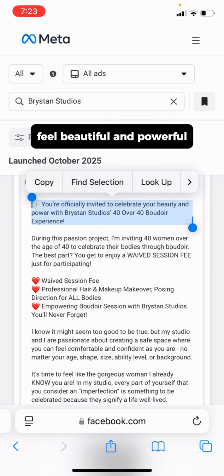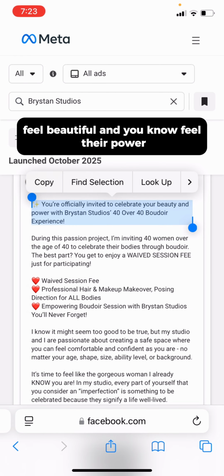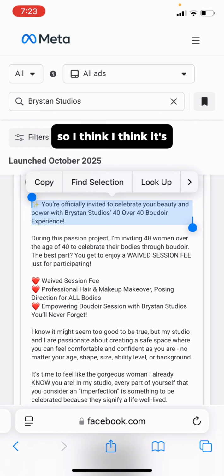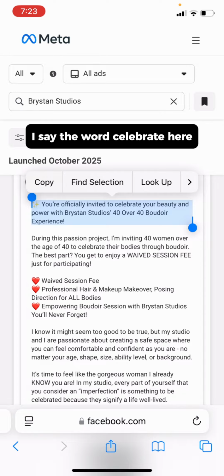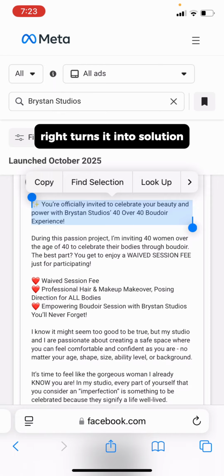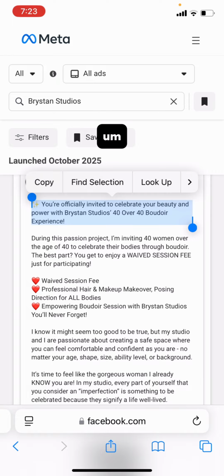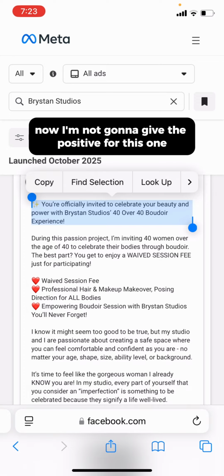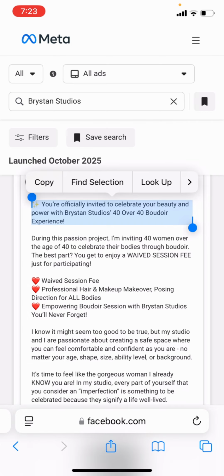They feel beautiful and feel their power. So I say the word celebrate here, taking an action, and it turns into a solution. So no, I'm not going to give the positive for this one. So we're missing a positive.